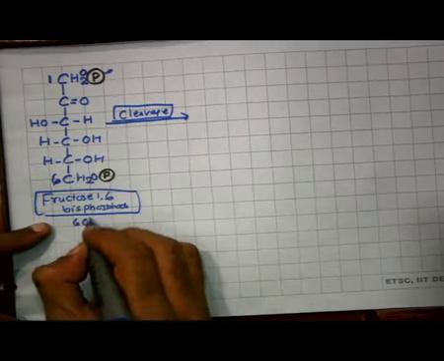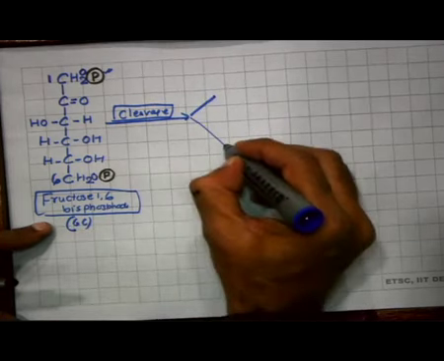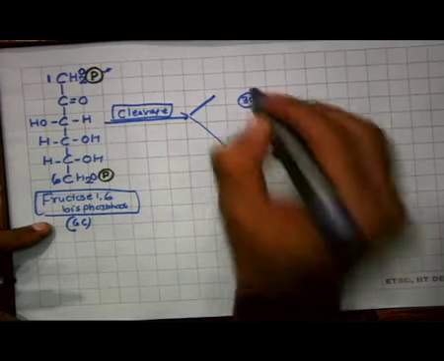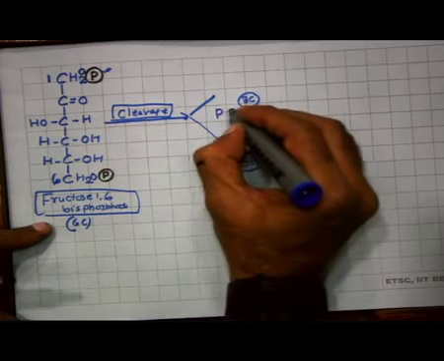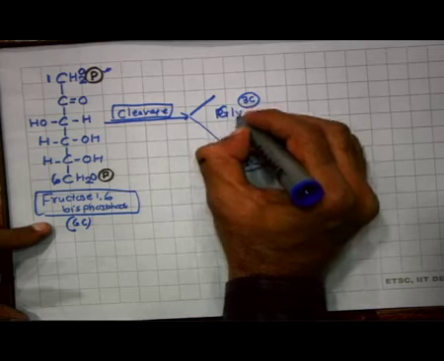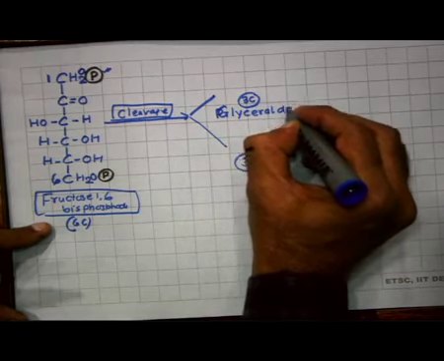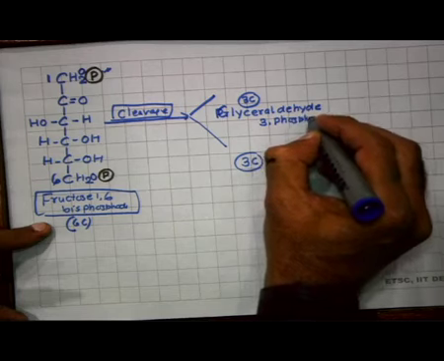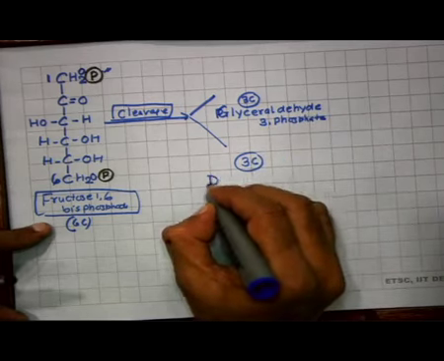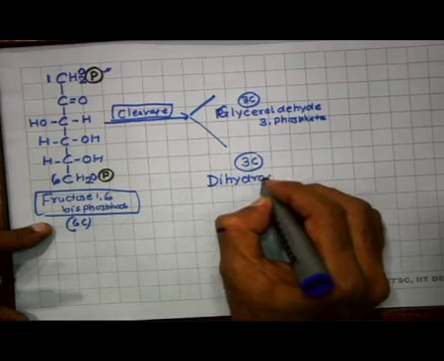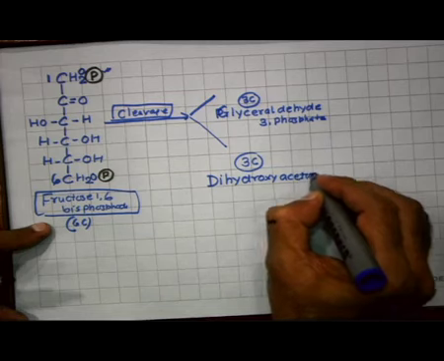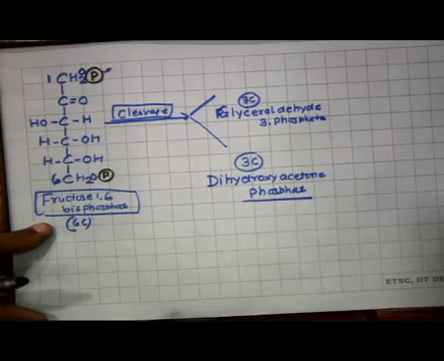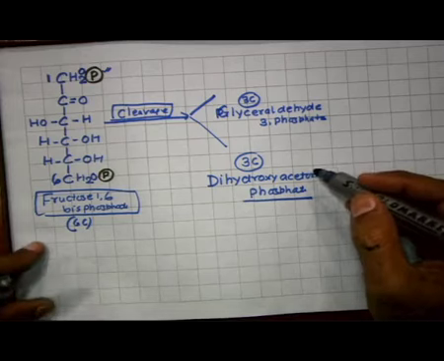Here the 6 carbon molecule is going to break down into 2 molecules of 3 carbon, that is glyceraldehyde 3 phosphate and dihydroxyacetone phosphate.